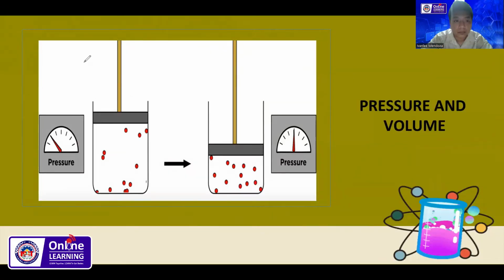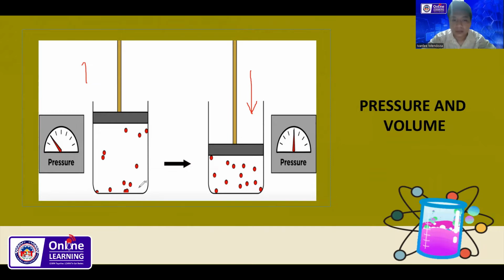Then we push the piston in the second illustration, so if we push it down, you will notice the cylinder will decrease its volume, but the pressure will increase. That is the relationship between the volume and pressure of a certain amount of gas.